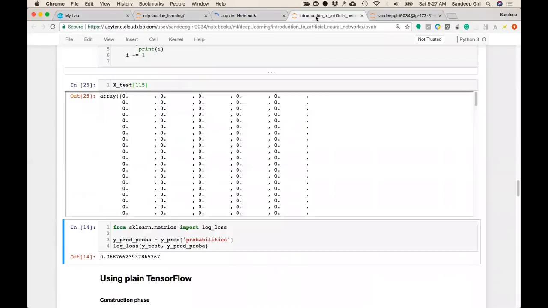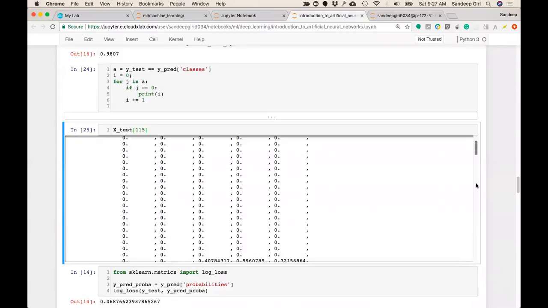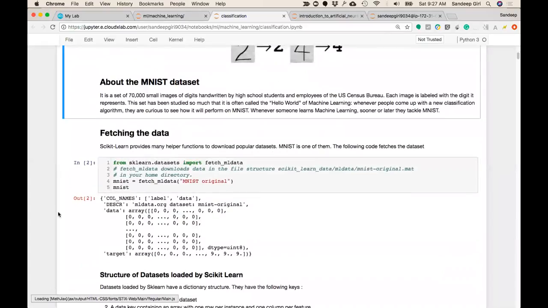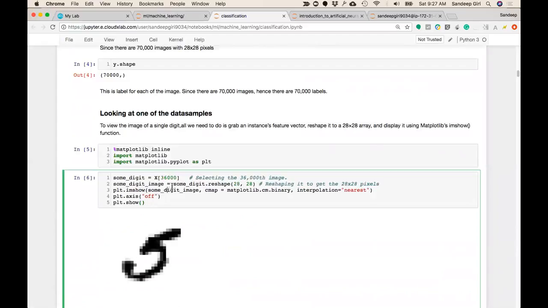In the classification we did on MNIST, I actually want to see what this image looks like that it could not classify. Let's see if I'm able to do that in the class. I hope it's not too boring. All right, this is how we did it, correct?